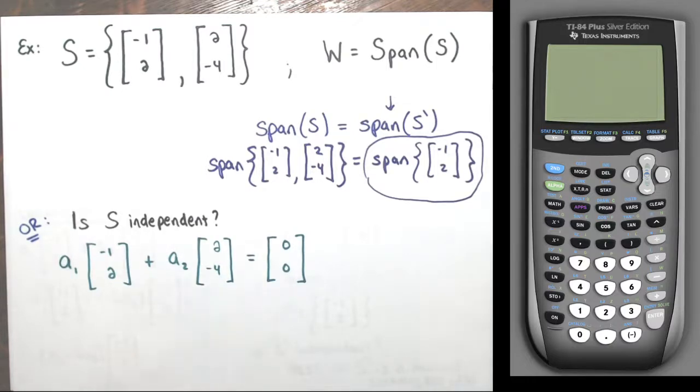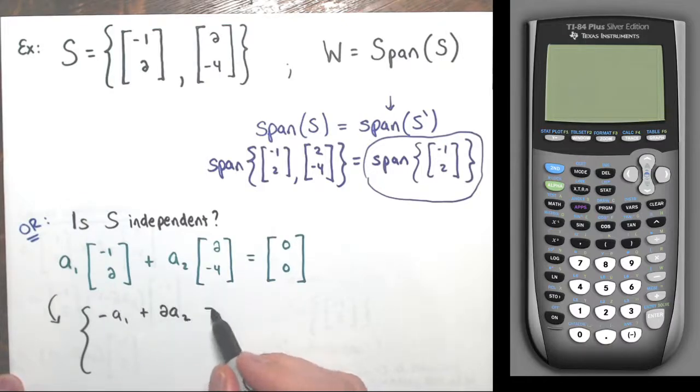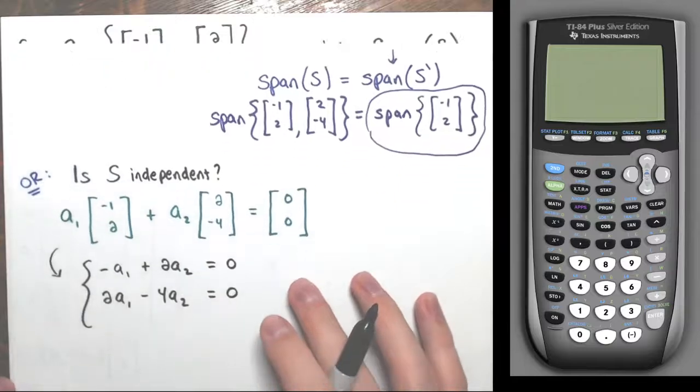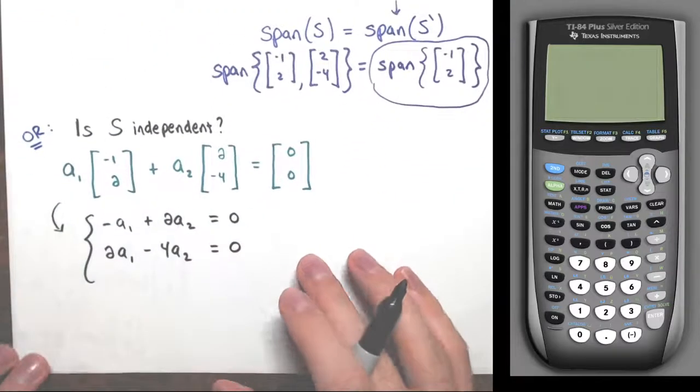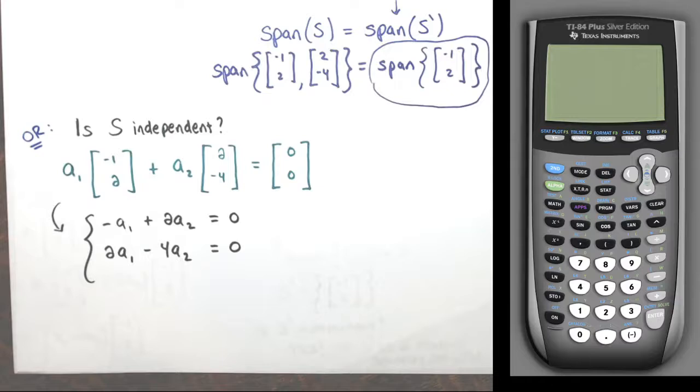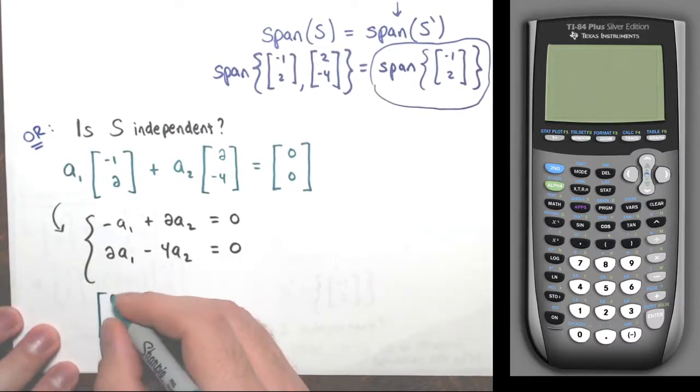So remember, this corresponds to a system of linear equations where the first one, looking at the first components, I have -A1 plus 2 times A2 must be equal to 0. And looking at the second components, 2 times A1 minus 4 times A2 must be equal to 0. All right, and again, I could just look at the augmented matrix for this. -1, 2.